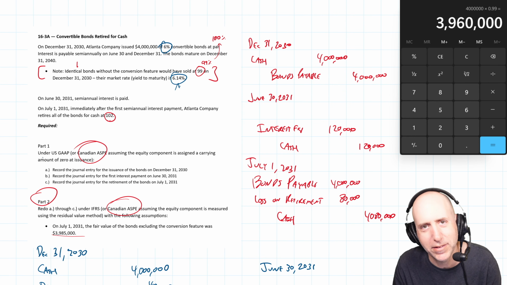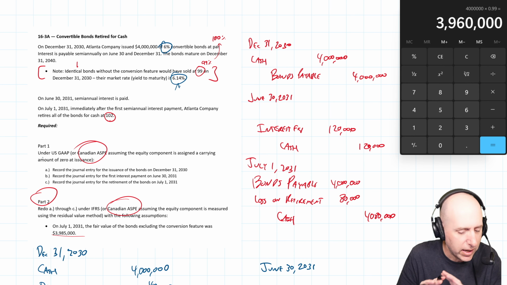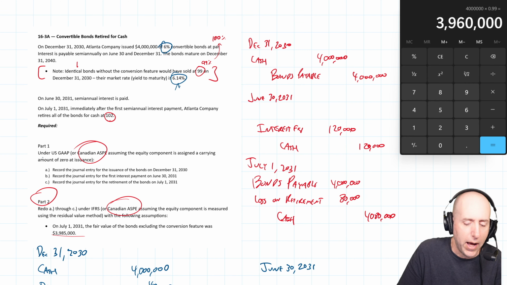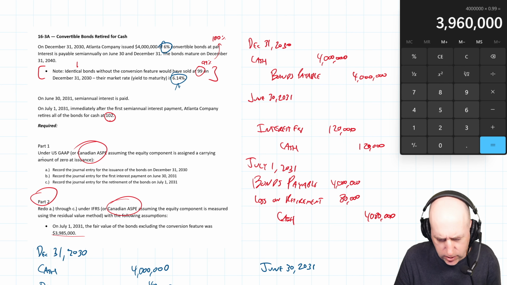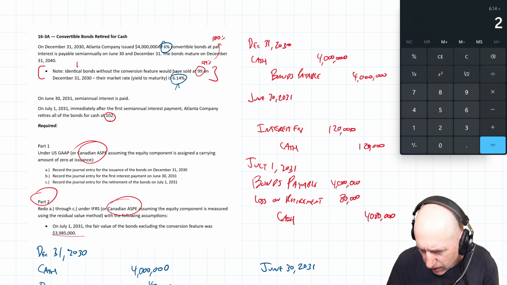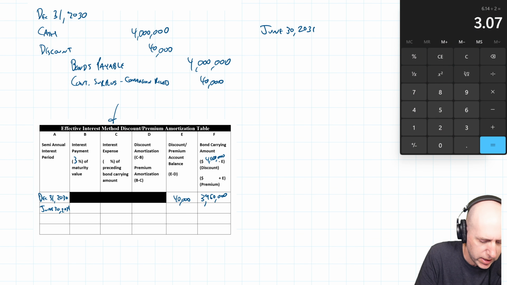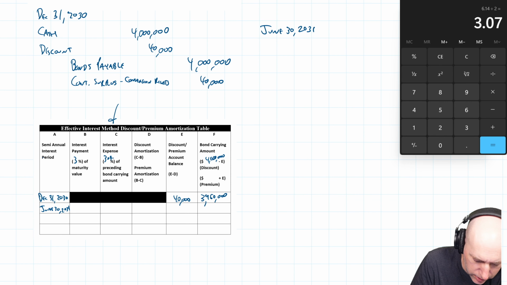I've gone to great lengths to remind people I could make you calculate this, right? With a financial calculator, it's trivial, and even doing it by hand is not too bad. Okay, so 6.14% divided by 2 is 3.07% per semi-annual period, and now we can fill this in.